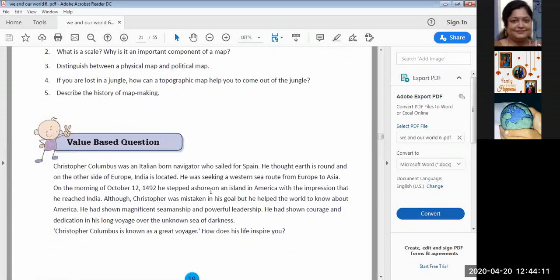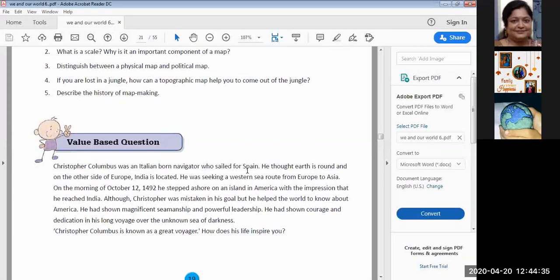Just see, very important question here. Christopher Columbus was an Italian born navigator who sailed for Spain. He started his voyage from Spain. Many ships he took along with him, and more than 10,000 soldiers he had along with him in that particular ship.